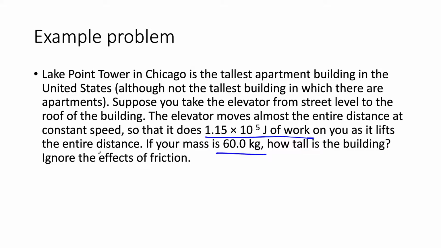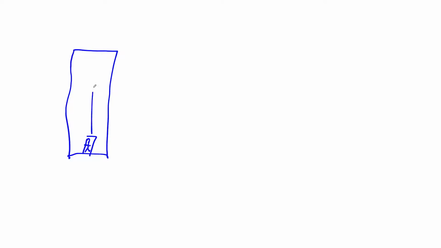So let's do a little drawing. Sometimes drawings help. Here's the apartment building, here's the elevator, and there's you. And we're being lifted up, and it's taking 1.15 times 10 to the 5th joules of work to do that. Now, what's acting down?